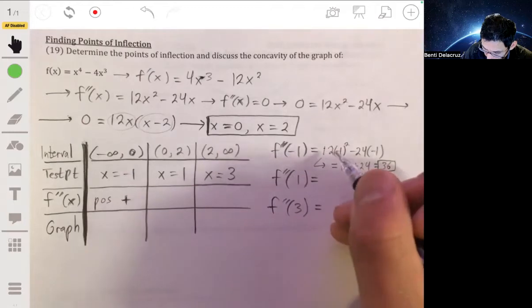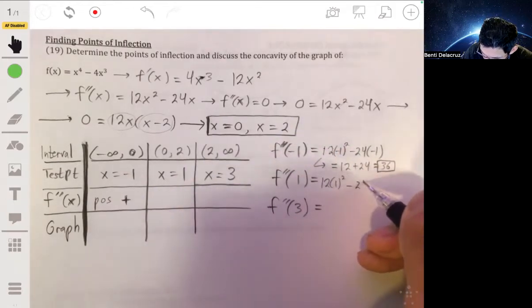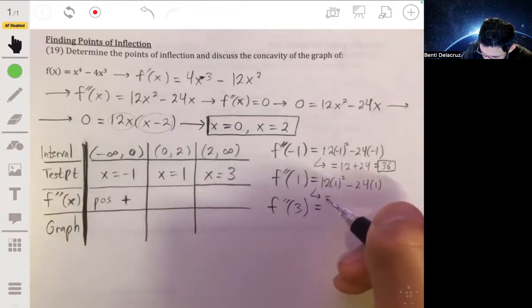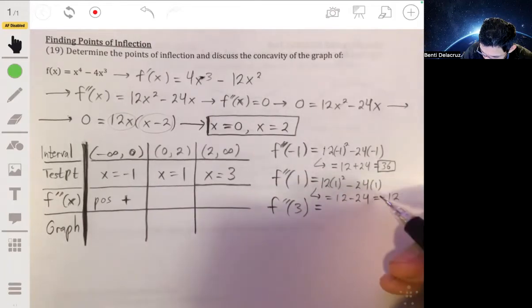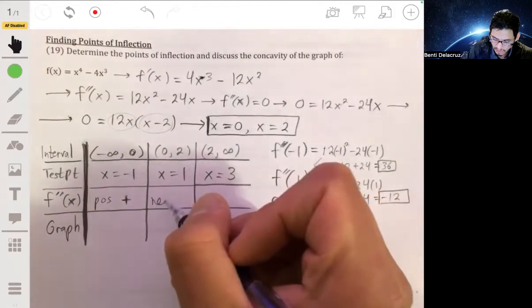F double prime of 1 now. 12 times 1 squared minus 24 times 1. 12 minus 24, you'll get -12. You have a negative number here. Negative.